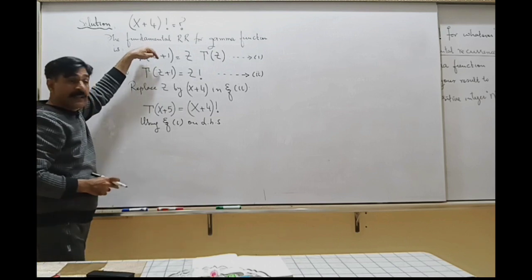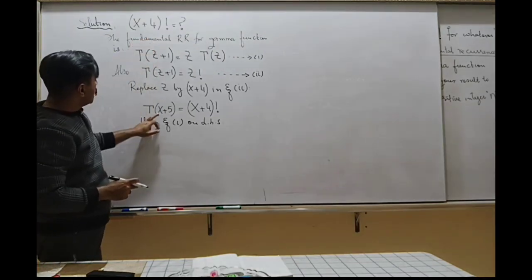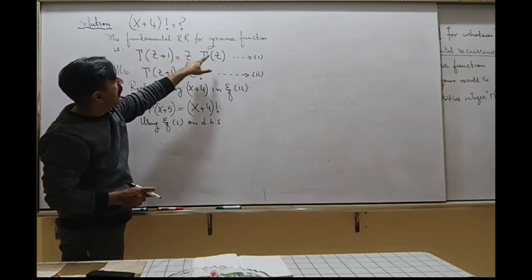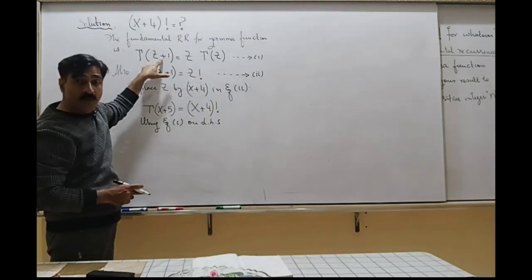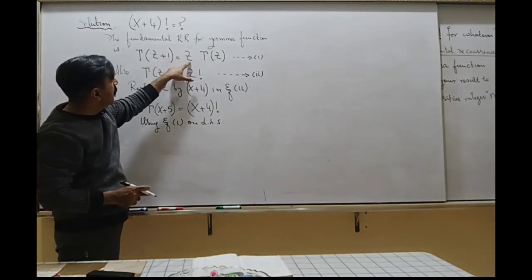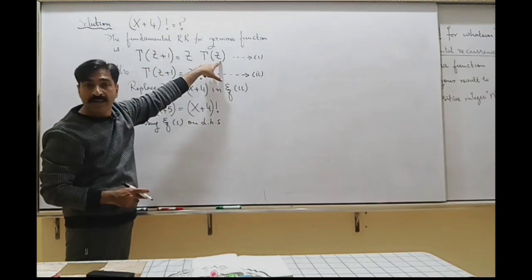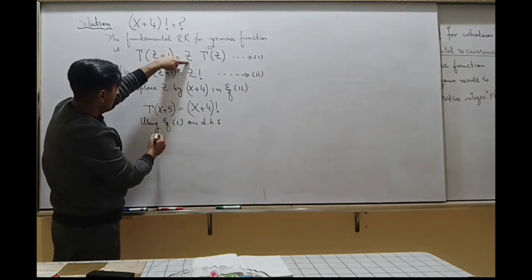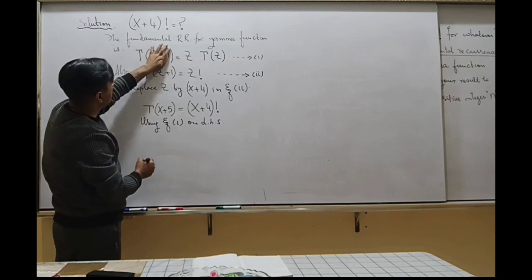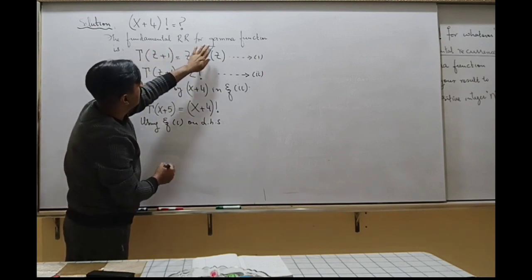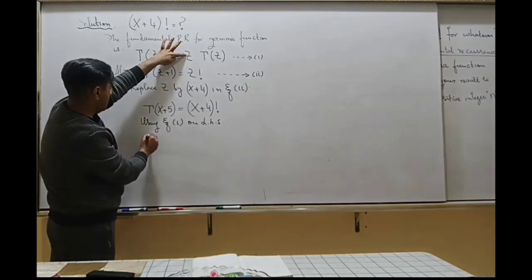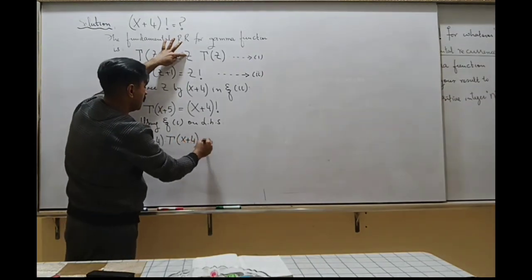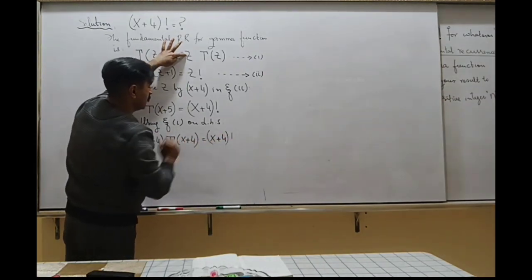Have a very careful look here. Imagine this is x plus 5, and here will be x plus 4 into gamma x plus 4. Whatever the argument is, it is reduced by 1 here and reduced by 1 here. So when you use equation number 1, gamma x plus 5 is equal to x plus 4 into gamma x plus 4. And this one is the same, x plus 4 factorial.